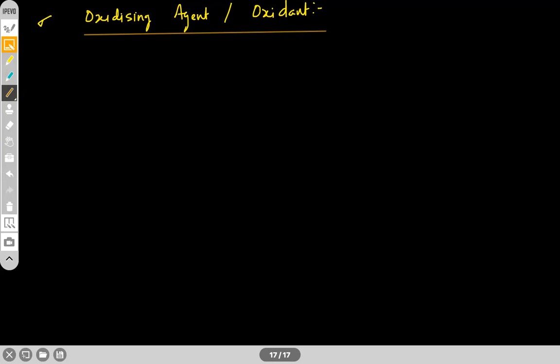Okay, like for example, a simple one, Zn plus half O2 gives ZnO, right? So here it is -2, oxygen is 0. So oxygen is getting reduced, but when oxygen is getting reduced, it is oxidizing zinc because zinc is 0 here and +2 here, right? So zinc is getting oxidized, right?